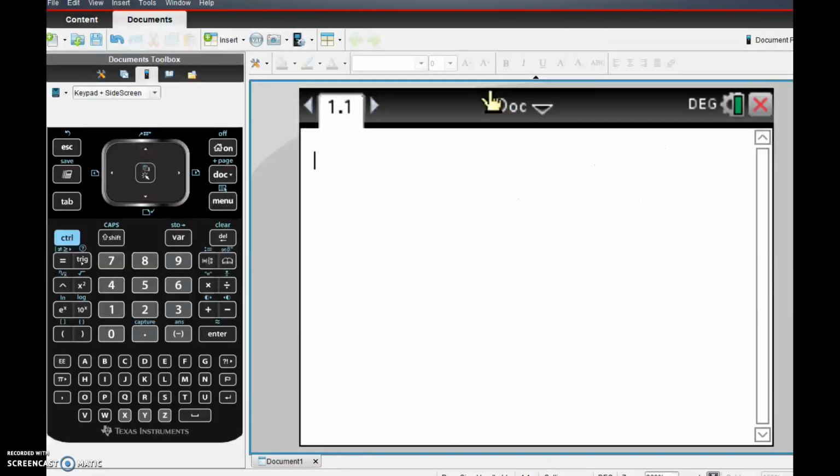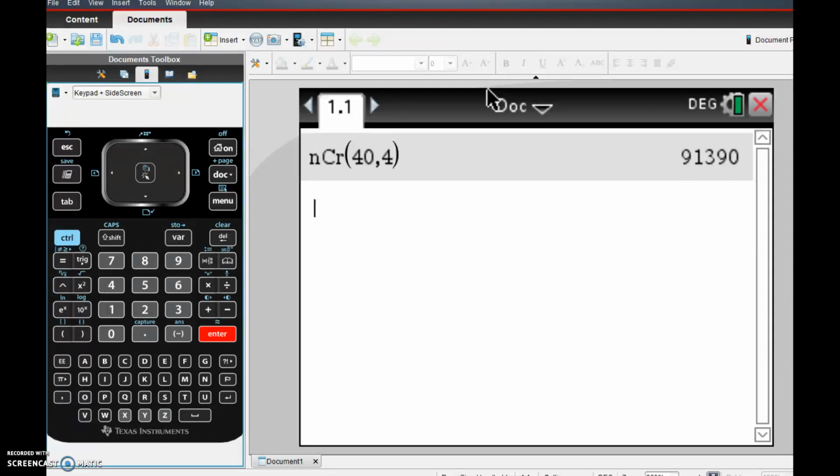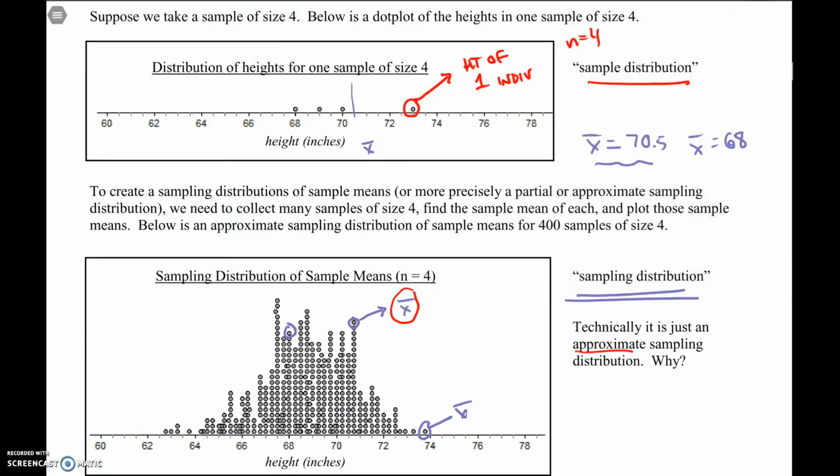By the way, there are a lot of combinations. 40 choose 4 is 91,000 different combinations that we would have to create and find sample means for. So obviously I didn't do all 91,000 combinations of sample size 4 from 40.